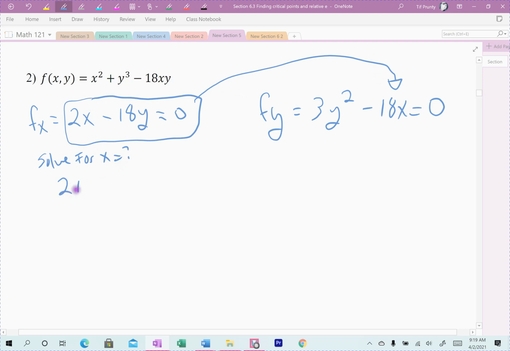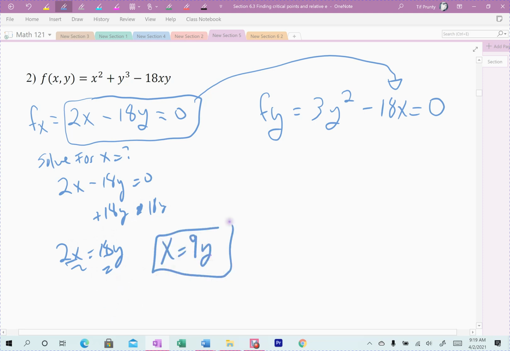Which means I'm going to move the 18y to the other side, so plus 18y. So 2x equals 18y, divide by 2, and so x equals 9y, right? 18 divided by 2 gives me my 9y.